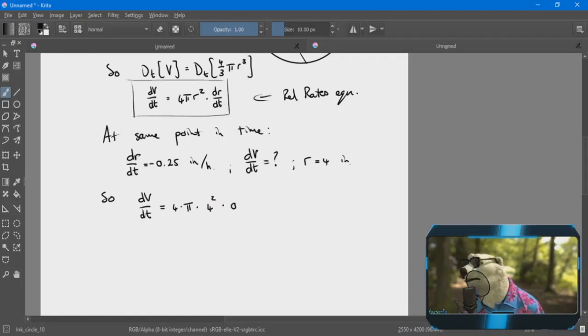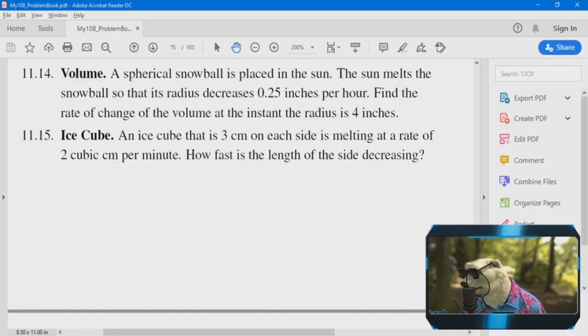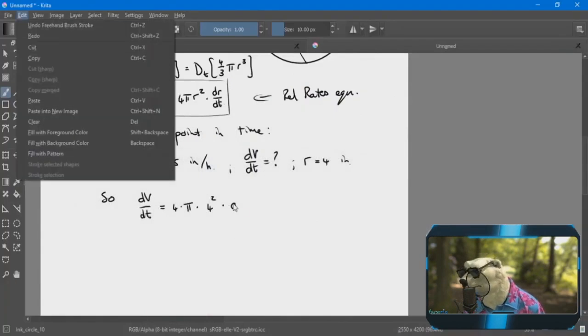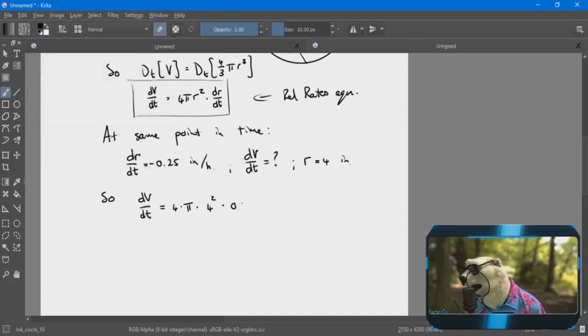The radius was decreasing, right? Radius decreases, so the rate of change is therefore negative. Let me give myself more space here. So negative 0.25, and we're ready for our calculation.